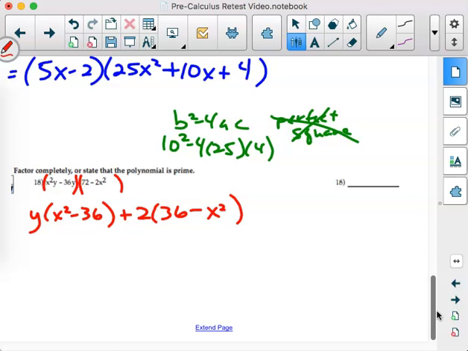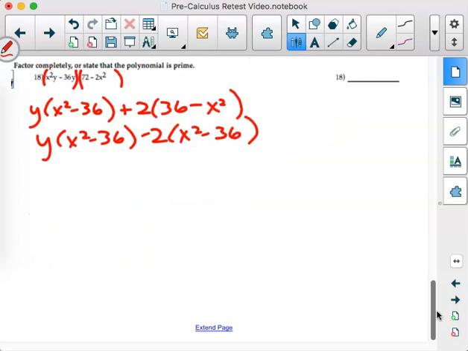If that were backwards, if that said x squared minus 36, then this would work. And some of you noticed that right off the bat. We reverse it. And then we see, oh yeah, x squared minus 36 was there the whole time. It was a factor. I just needed to trick my brain. And if I multiply by y minus 2, I'll have it.